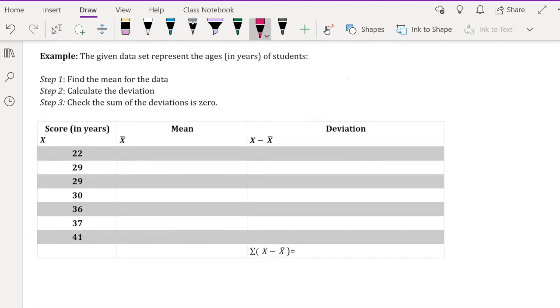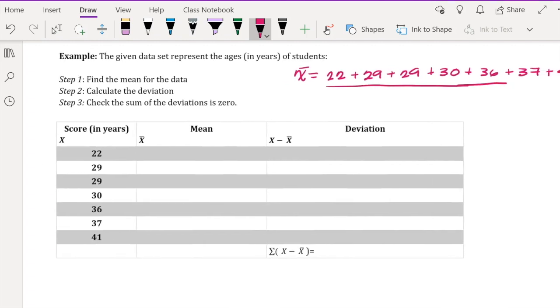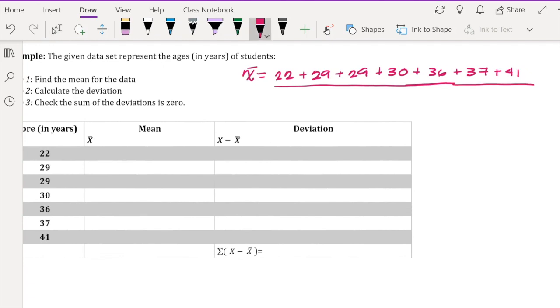So here are a couple of steps to calculate the deviations. First, you need to find the mean of the data. So let's do that over here, not in the table. It would be 22 plus 29, 30, 36, 37 plus 41, all of this divided by however many data points I have.